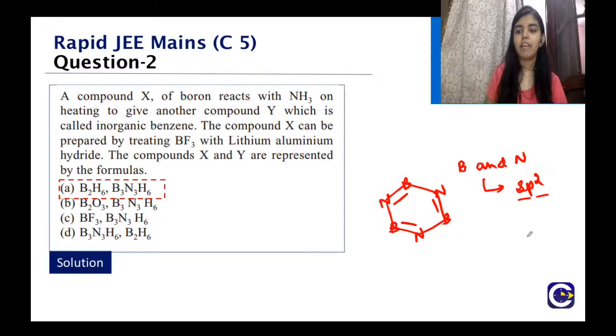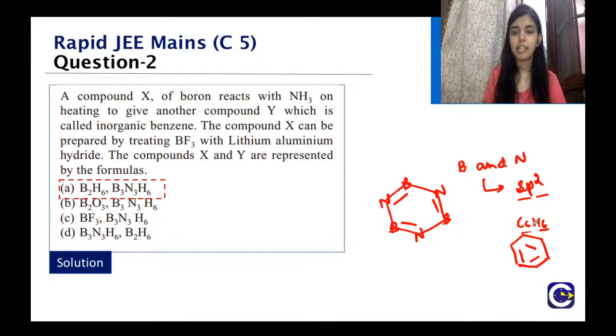If you compare it to C6H6, that is benzene, this is the normal benzene and this is the inorganic benzene. This is known as the organic benzene, right? So this is C6H6.